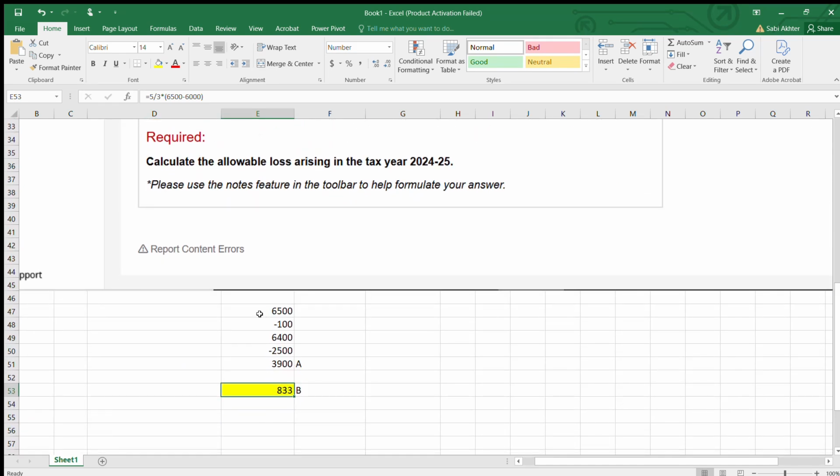In terms of 6,500, I will just change it to 11,500. Rest of the cost, everything remains the same. So now it's 8,900, and moving to B, I just change this to 11,500. That's it. This time, what is lower? This time A is lower.